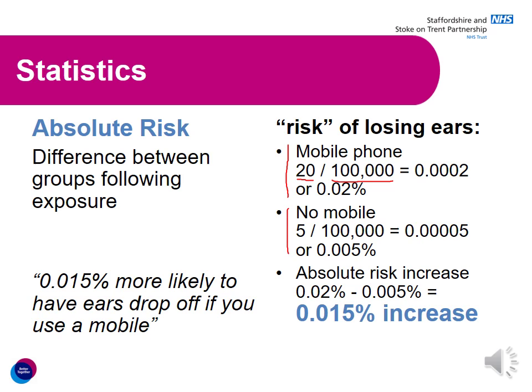Likewise, the people who weren't using a mobile phone, 5 out of 100,000 of those still lost their ears. So there was a baseline risk, if you like, even without using the mobile phone, of 0.005% risk of losing your ears over time.